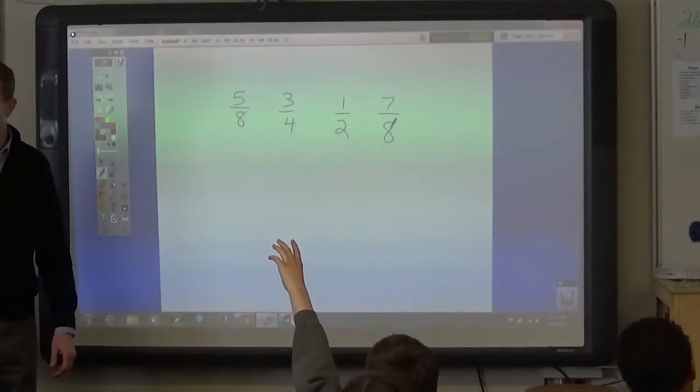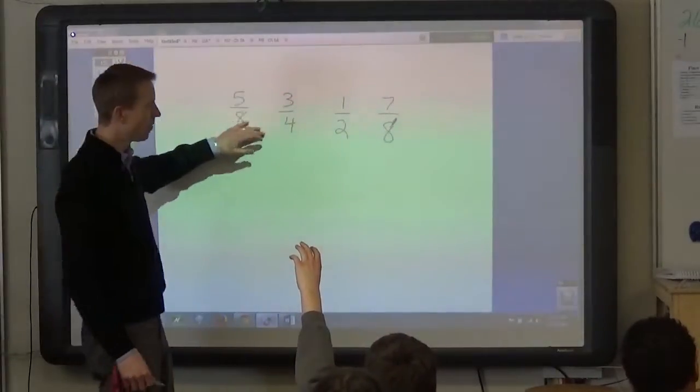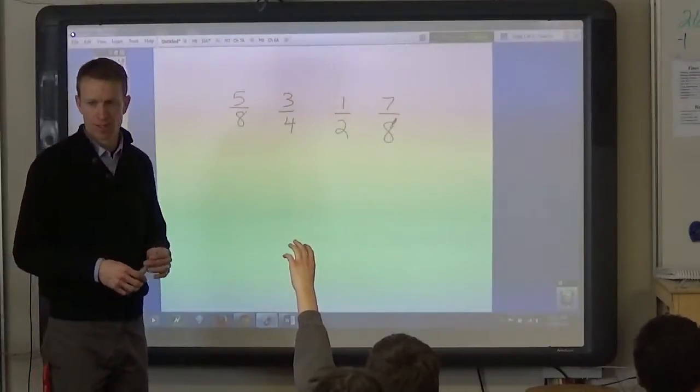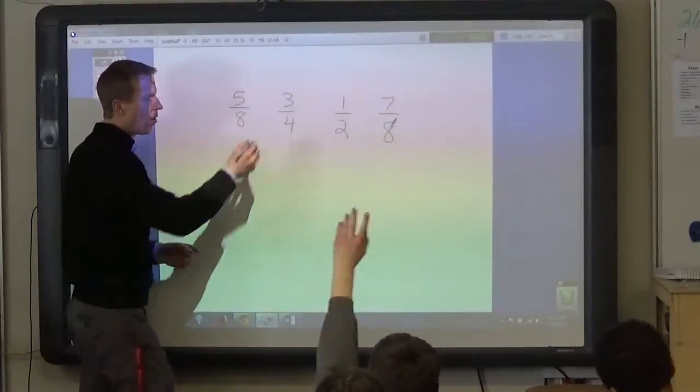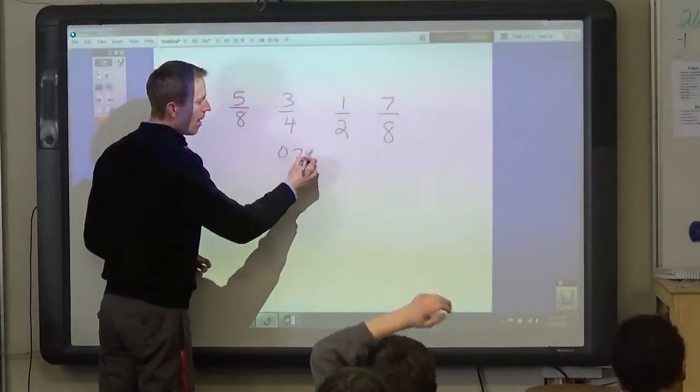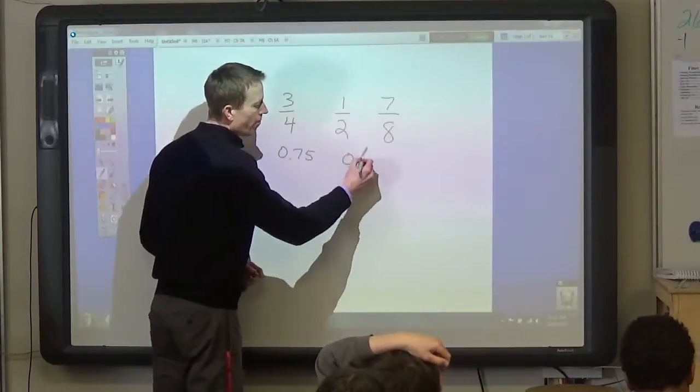What would we have to do to put these in order or compare them? You might convert them all to decimals, which we could do, right? We know that this is 0.75. This is what? 0.5.